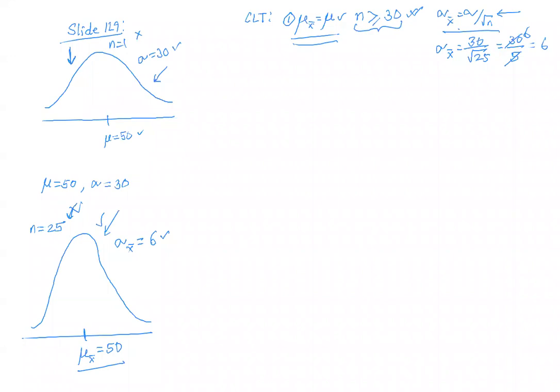That means data points in this distribution are closer to the mean than the data points in this distribution. These are two different distributions, remember. One is with sample size of 1, which is just the natural sample size. The other is a sample size of 25, which is not a natural one, but we made it up.